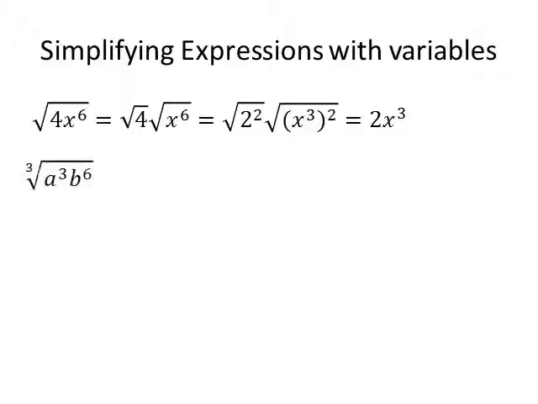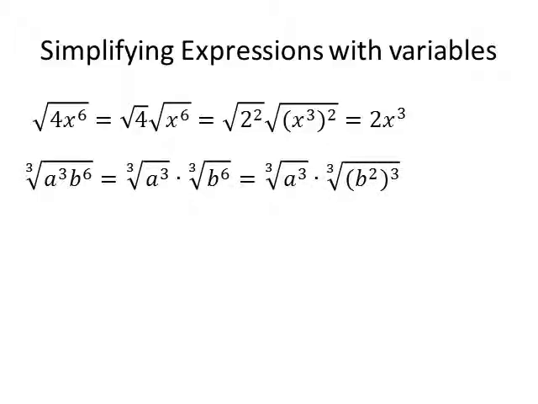That same thing will work if you have 2 variables and no numbers. So I can break this down. That's the cube root of a to the 3rd times the cube root of b to the 6th. The 3 on the a already cancels out, so I don't have to worry about the a, but I need to rewrite b to the 6th to be something to the 3rd power. So we still have the cube root of a to the 3rd.